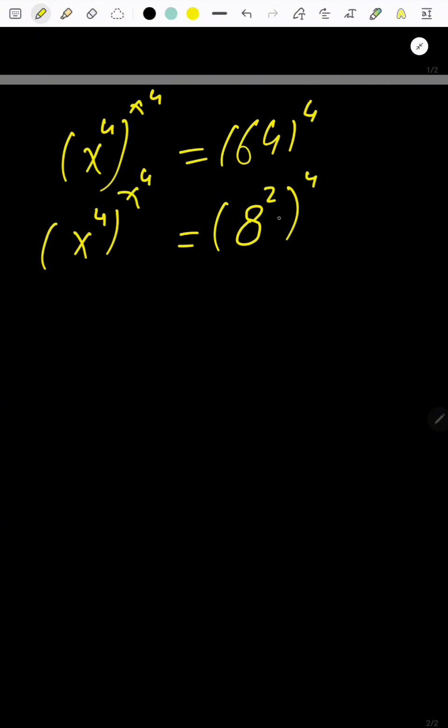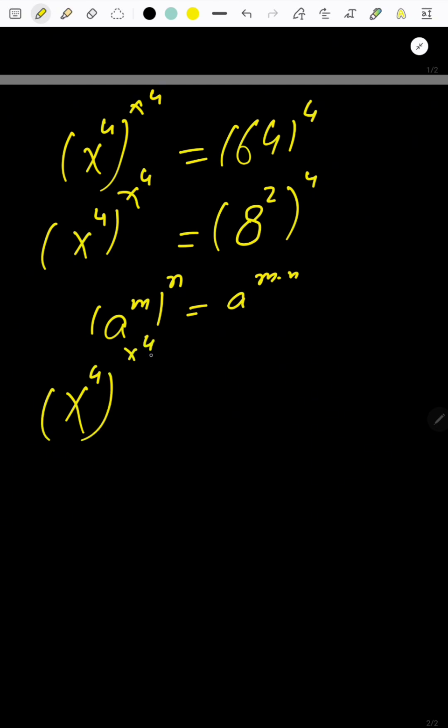Now we again use the formula that a raised to power m and whole raised to power n is simply a raised to power m into n. By using this formula on the right hand side, I simply have 8 raised to power 2 into 4, and it is equal to 8 raised to power 8.